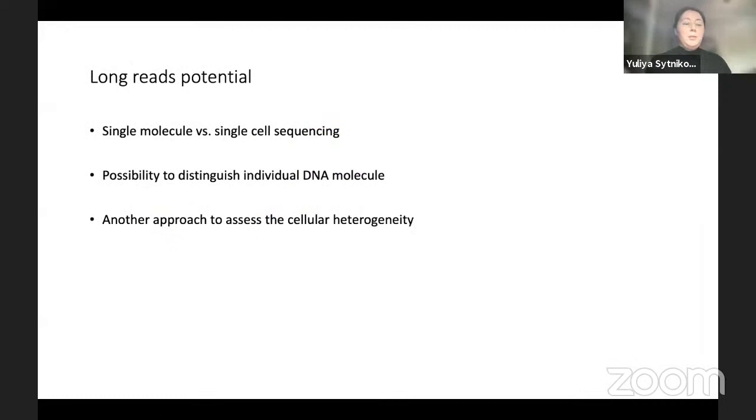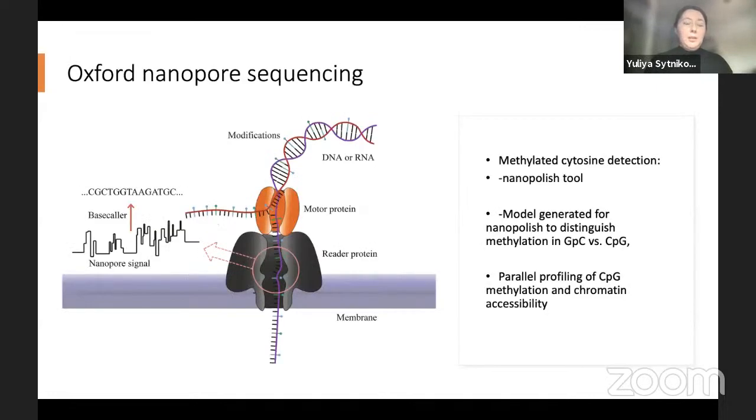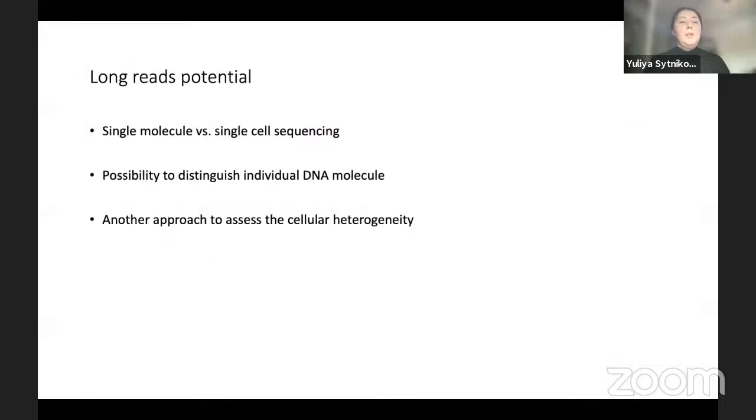I have to mention overall the promise of this long read approach. So this is both Oxford Nanopore that I mentioned and PacBio.